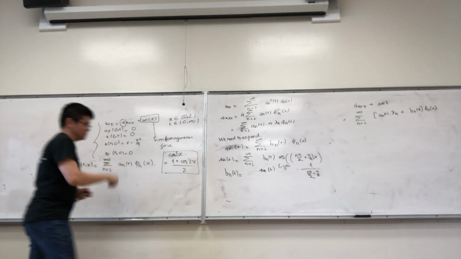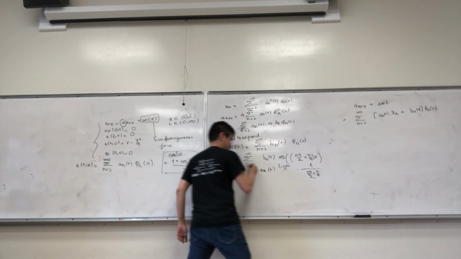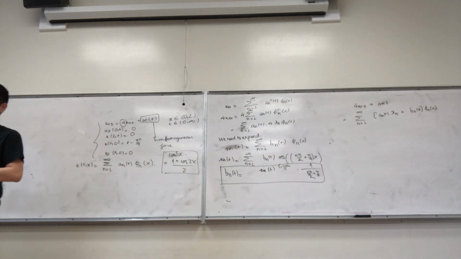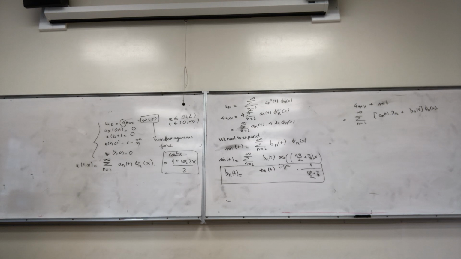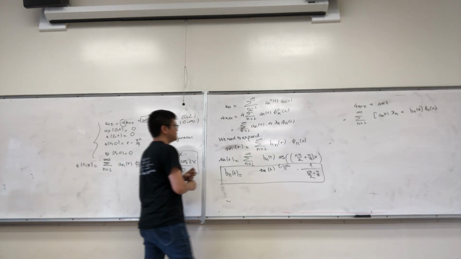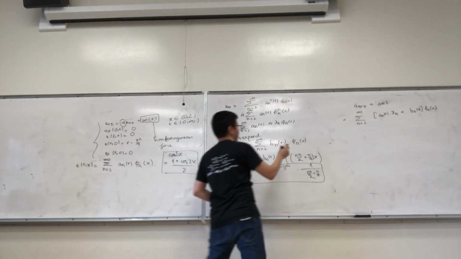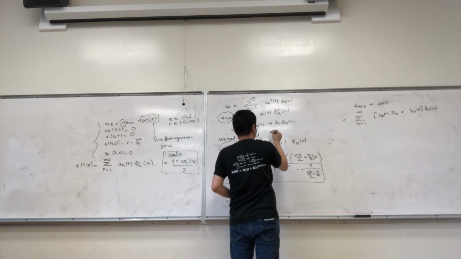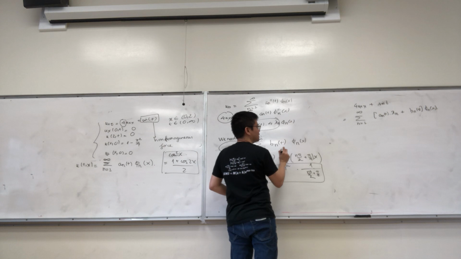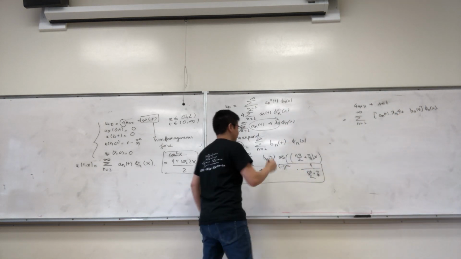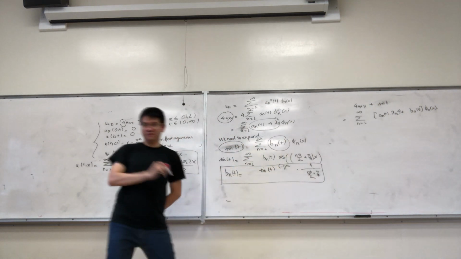And bn is computed here. All right? Questions? So I take the sum of this guy and this guy: the sum of an times 4 lambda n plus bn. And bn is computed over there.